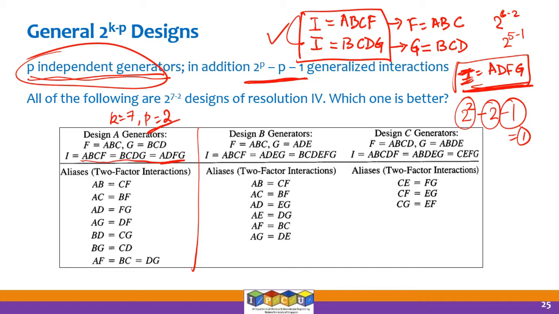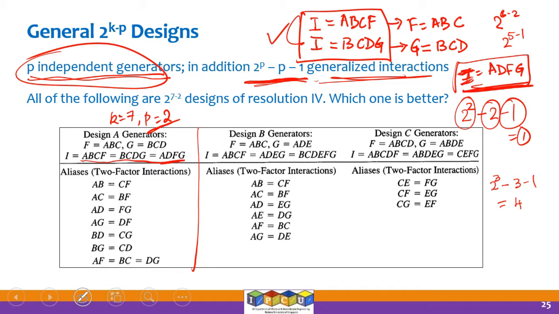In addition to the 3 independent generators that we have to choose, you can also process those independent generators to get these many generalized interactions. So when p is equal to 3, you will have 2 to the power of 3 minus 3 minus 1, which is going to be 4 generalized interactions.